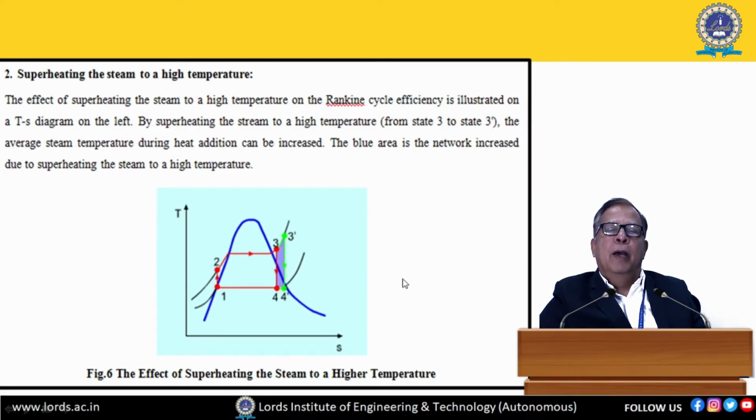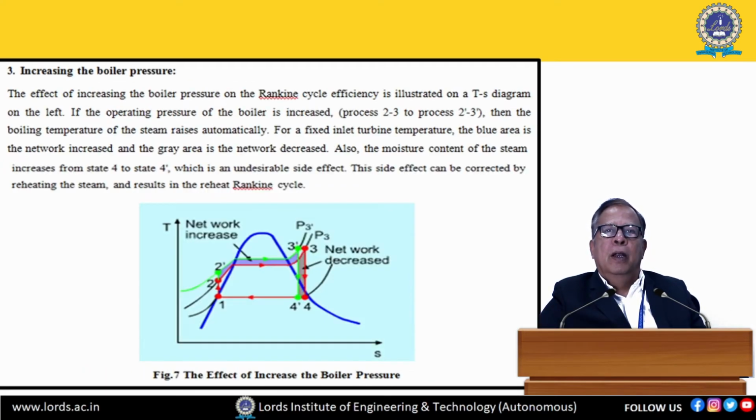So with a higher boiler pressure, we can't say whether there is a net work increase or net work decrease. But what it does is that the steam let out of the turbine is a little bit drier compared to wet steam. We will see the effect of this in the reheat cycle.